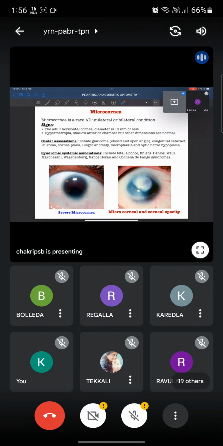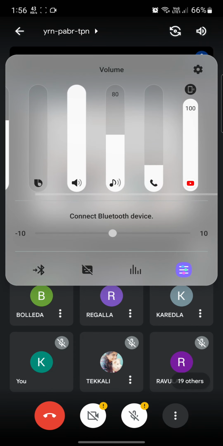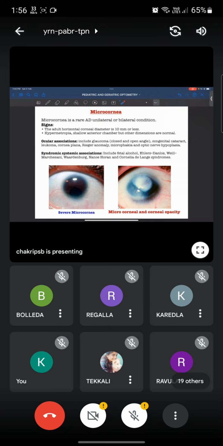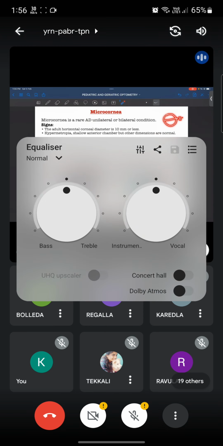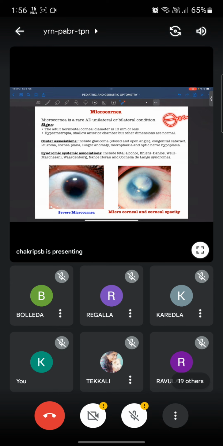Microcornea is an autosomal unilateral or bilateral condition. Microcornea means our cornea horizontally is 11.5 mm, and coming to the vertical side we have 11 mm, because our upper lid is pressing throughout our lifespan, so the vertical size of the cornea is decreased to 11 mm.